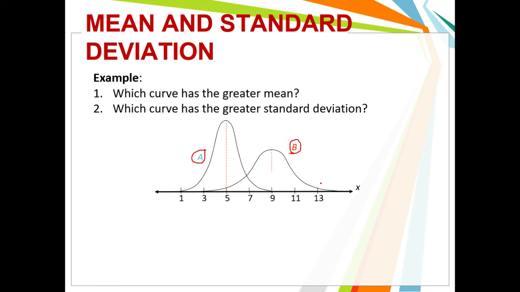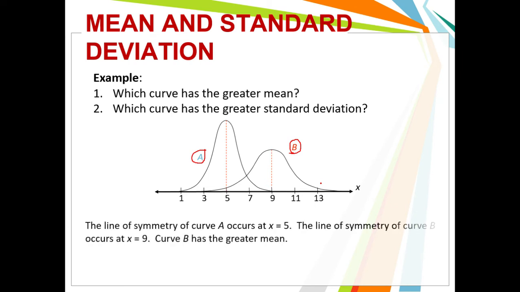It's obvious na ating curve A, ang line of symmetry niya is nasa number 5. Ang B naman, ang kanyang line of symmetry is nasa number 9. So, ibig sabihin, yung ating A, ang mean niya is 5, at ang ating B naman, ang mean niya is 9. Therefore, yung ating B ang merong greater na mean.